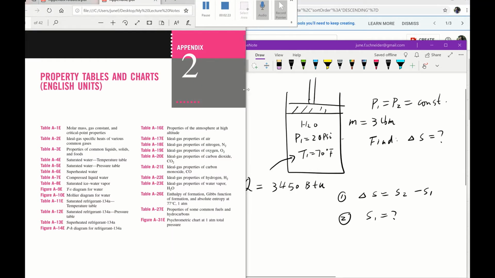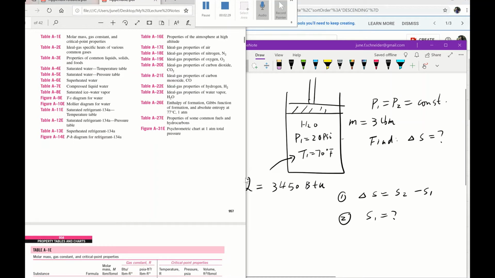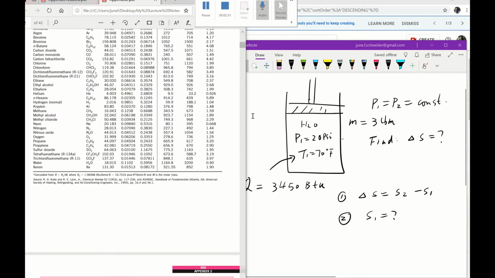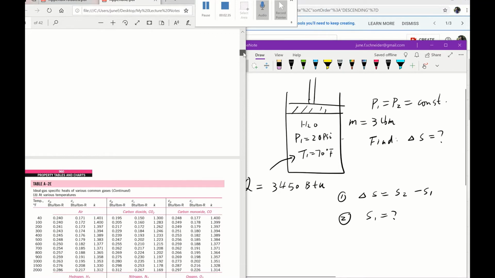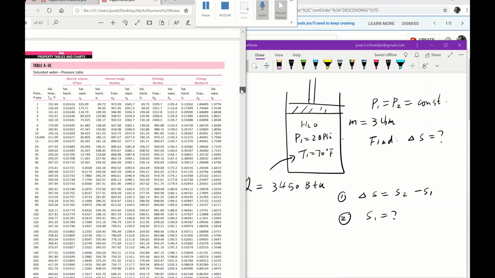So this is water, 20 psi, table A5E at 20 psi.